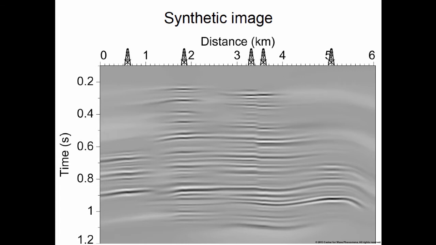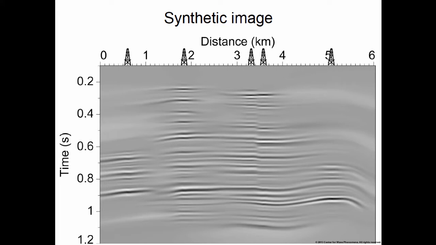Notice that because the wells on the outside are in limited depth ranges, we don't have any data above these synthetic seismograms or below them. And so we've just got holes there in the synthetic image.